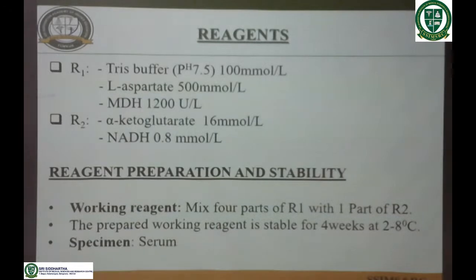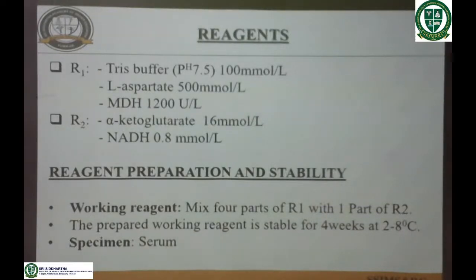To prepare the working reagent from the stock reagents, we always have to mix four parts of R1 and one part of R2. For example, to prepare 50 ml, you take 40 ml of R1 and 10 ml of R2.